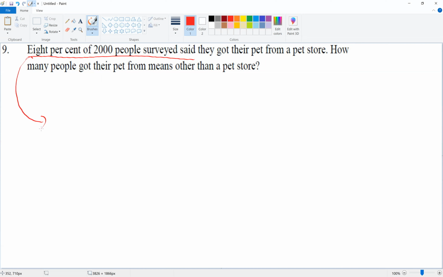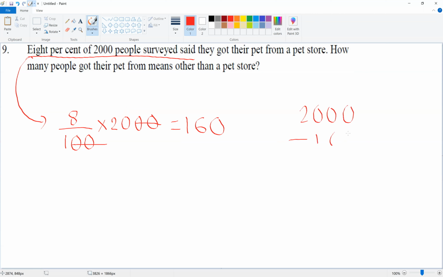Okay, and then whatever that is, you multiply by 8, which is 160. No, I already multiplied. Well, then in that case, 2,000 minus 160. So find 8% and then subtract.